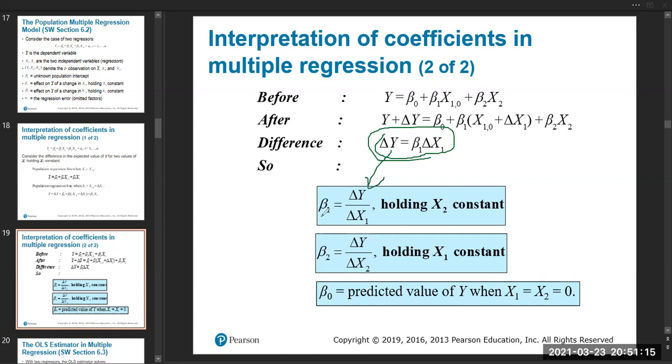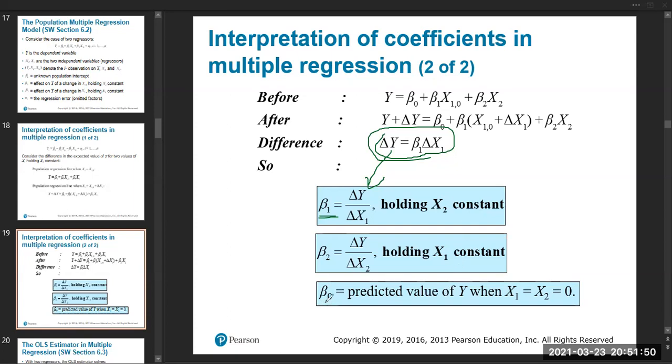So beta 1 is interpreted as delta Y divided by delta X1, holding X2 constant. While beta 2, it's the same way of calculation, so you get beta 2 equals delta Y divided by delta X2, holding X1 constant. So holding the other independent variables constant is very important when you interpret beta 1 and beta 2.